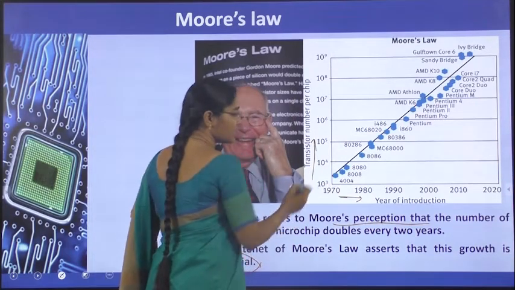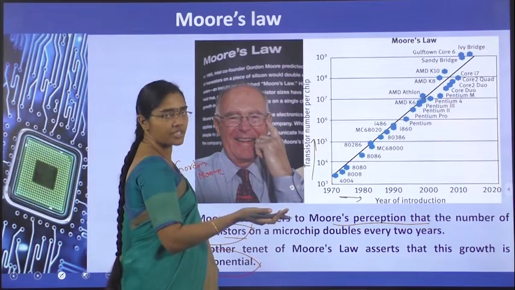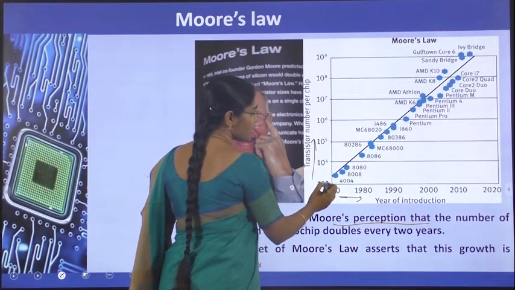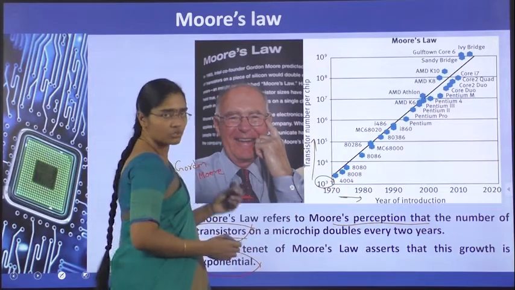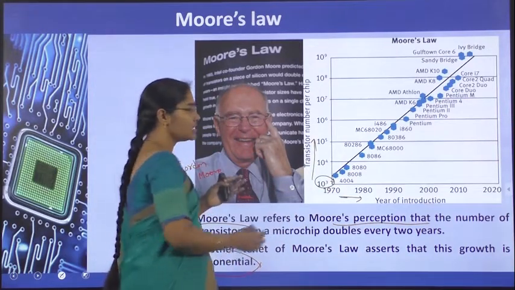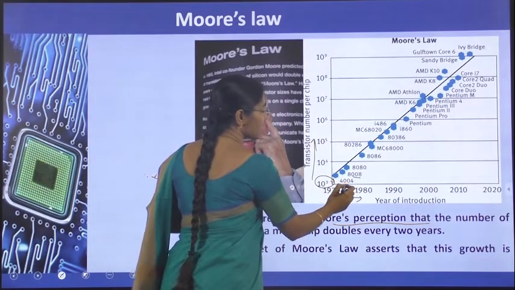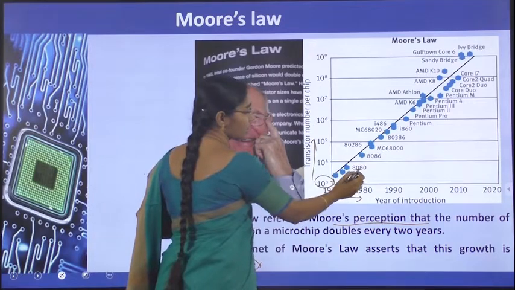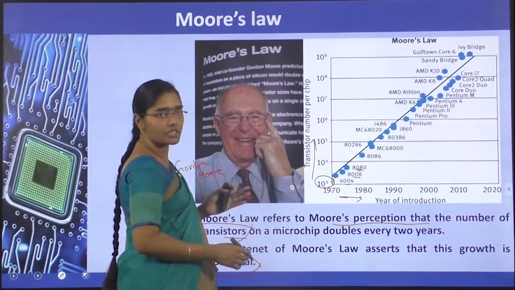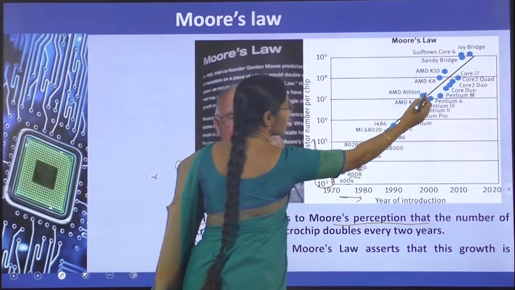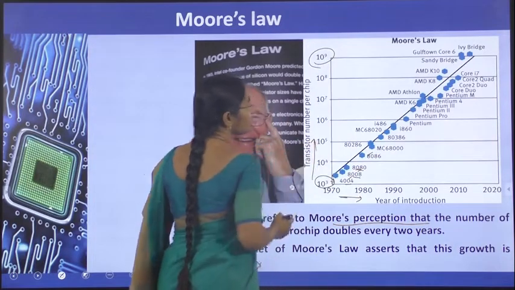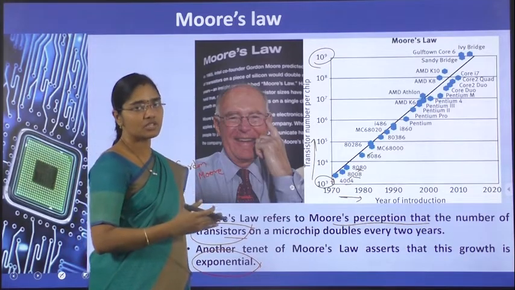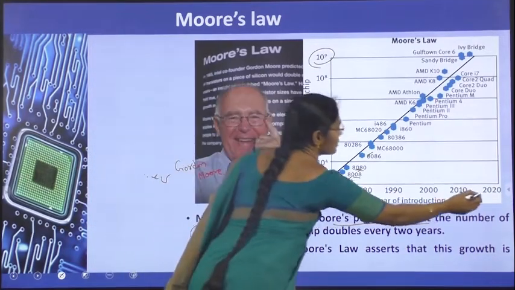Starting in the 1970s, the chip had around 20,000 components, at the time of inception of the 4004 and 8008 microprocessors, etc. Then the transistor count increased drastically. Now it is in the range of 10 power 9 transistors per chip.